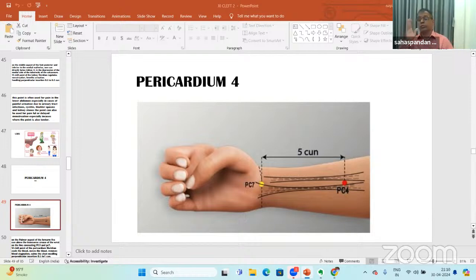This point also has the ability to calm the spirit. It is used clinically for a variety of conditions involving the organs of the upper abdomen and chest, especially those that involve bleeding.